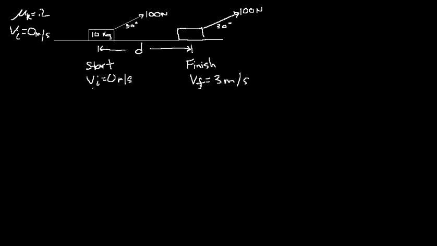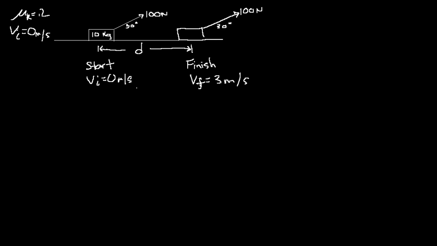So we start out at 0 meters per second because it's at rest. Someone's going to pull it with 100 Newton force at an angle of 30 degrees. It's going to be pulled through a distance d, and a certain time later, at distance d, the final velocity is going to be 3 meters per second.